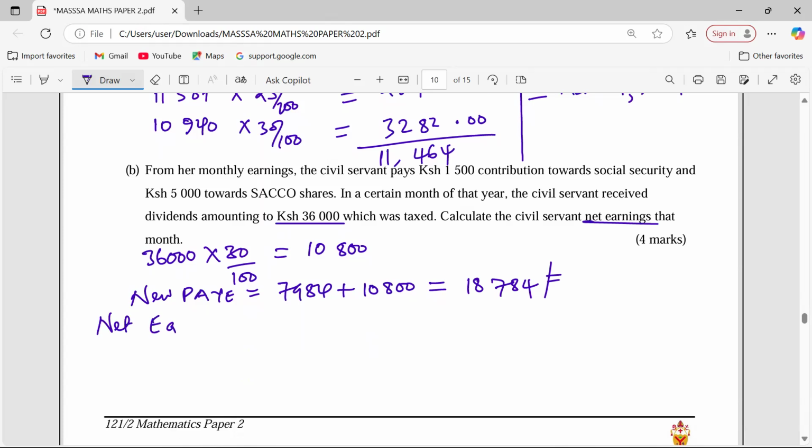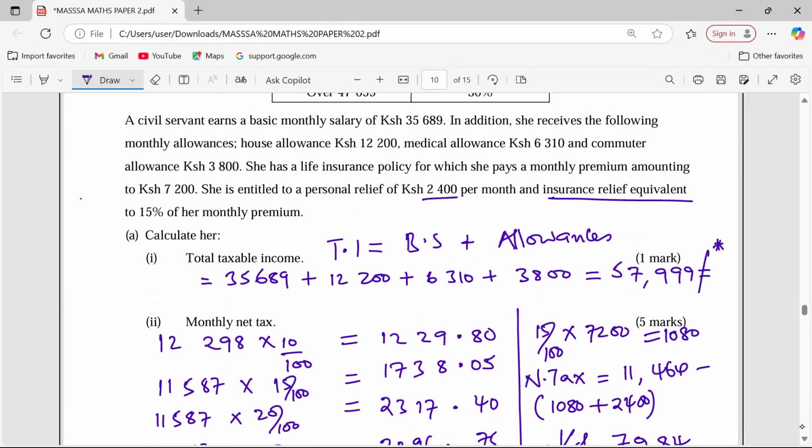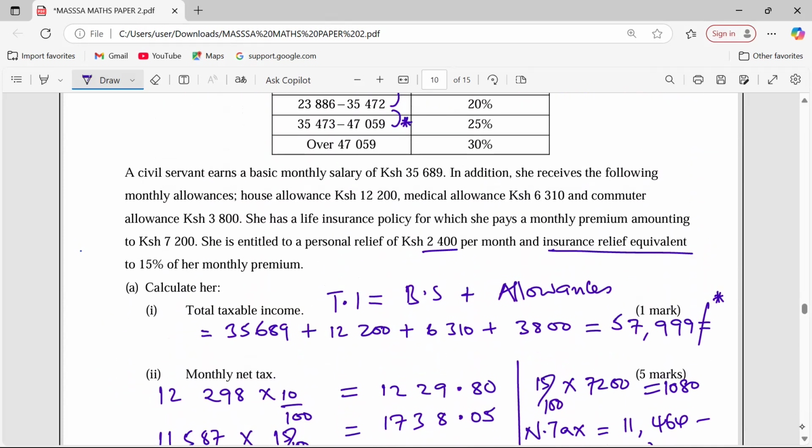So how do we get net earnings? Net earning or net salary is always given by gross income minus all deductions. The gross income is all the income that he's going to get.